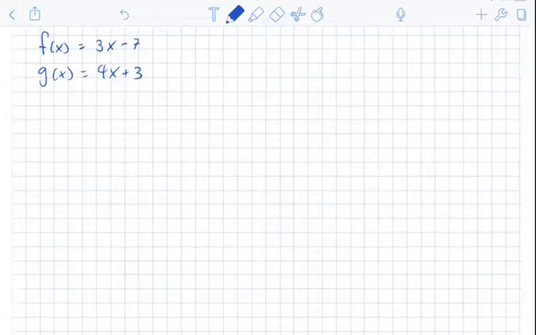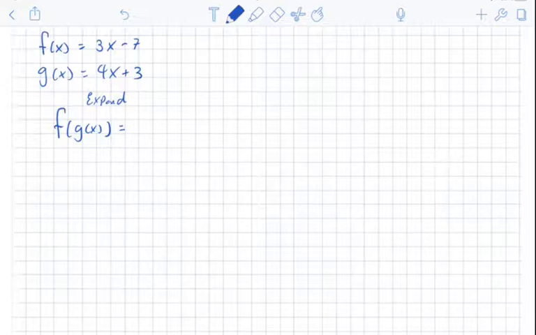So on the worksheets or the tests, I might give you these two expressions and then ask you to write out and expand this expression.